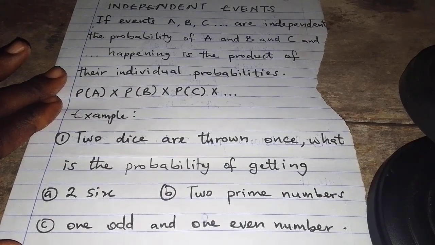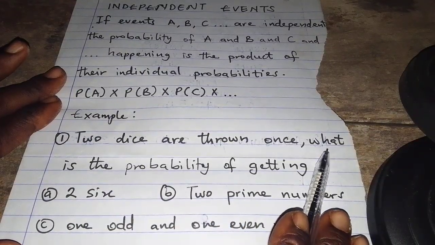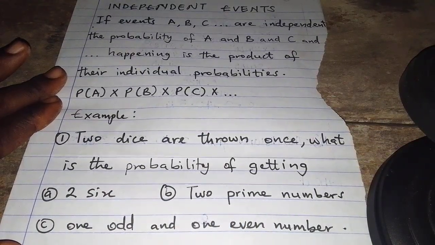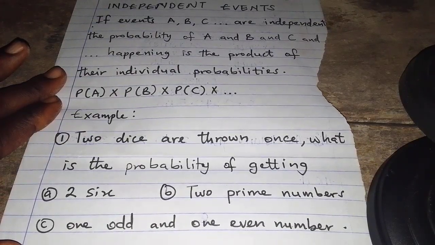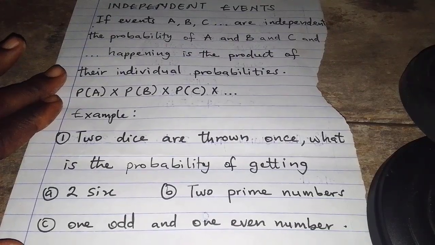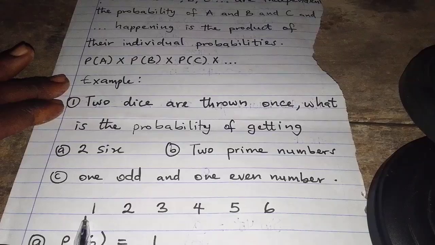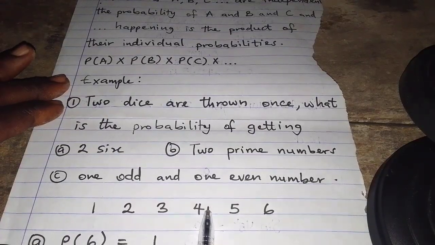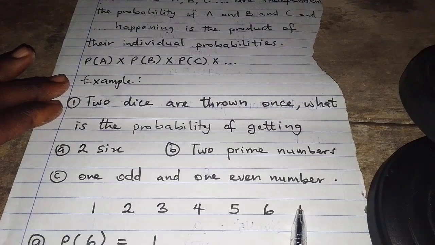We have two dice thrown once. What is the probability of getting 2 sixes? That means on the first die you want a 6, and on the second die you want a 6. Now in a die, the outcomes you can get are 1, 2, 3, 4, 5, 6. So you can get 6 outcomes.